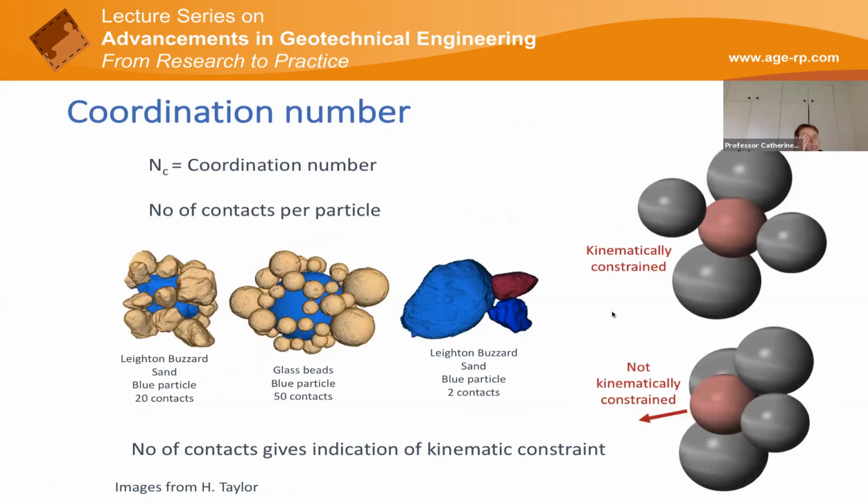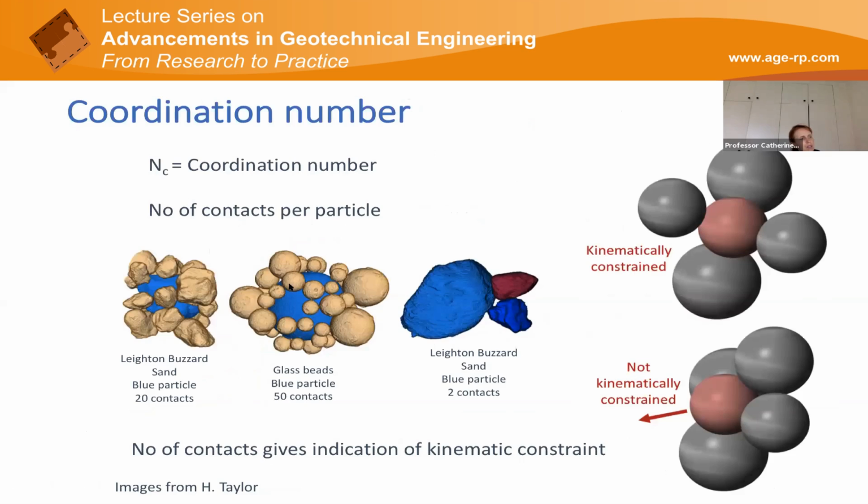And with our microCT data, we can start to make some quantitative measurements of the microstructure. So we looked at the coordination number, which is the number of contacts per particle, because that's an indication of the kinematic constraint. If you've got contacts all around a grain, it can't move that easily, but if it's not constrained by other contacts, it's free to move.